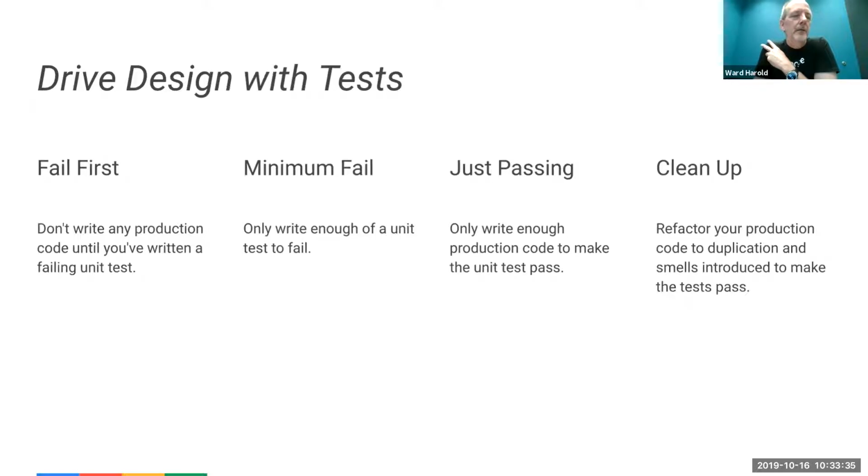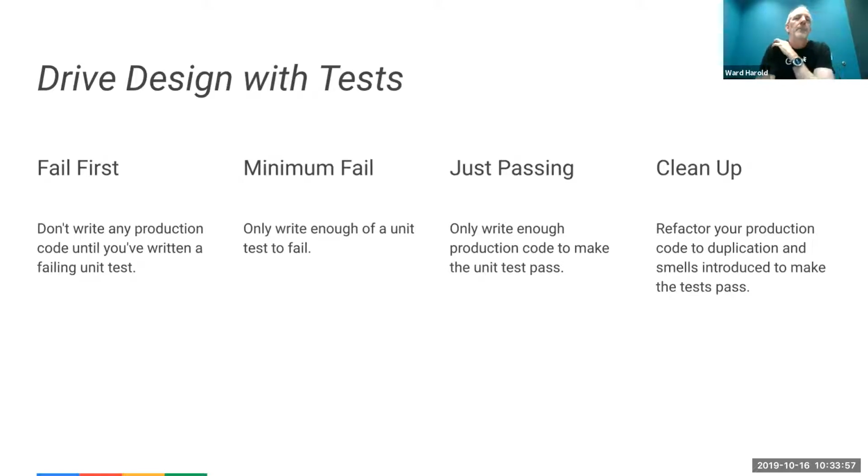So your unit test now builds and fails, and that's your first step. You've actually made progress. And now you go back and work on writing enough production code to make that pass.